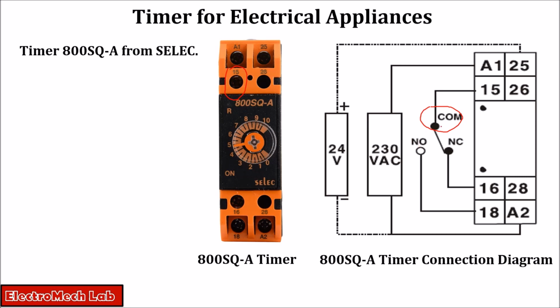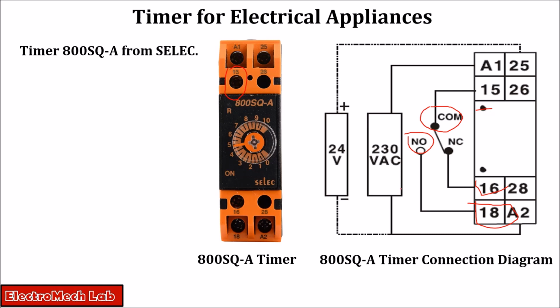In our application, we will use common and NO, meaning pin number 15 and pin number 18. We will not be using terminal number 16. So we are going to use only 4 terminals: A1, A2, 18 and 15.